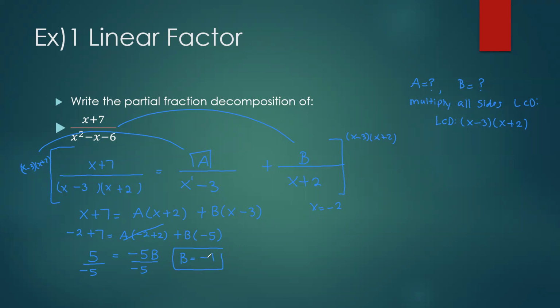Okay, now I know what the b value is, and I need my next x value. I think I'm going to use x equals 3. So I'm going to substitute it back here.